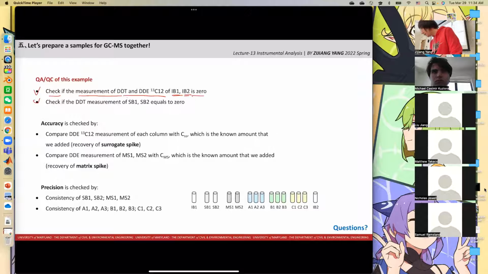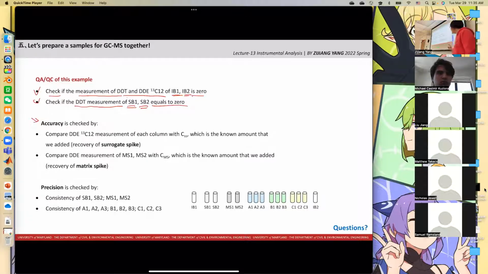Then we want to check if the DDT measurements of sand blank 1 and sand blank 2 equal 0. We know that they should be equal to 0, and if they do not, there might be some contamination in the sand or some contamination during our experiment.